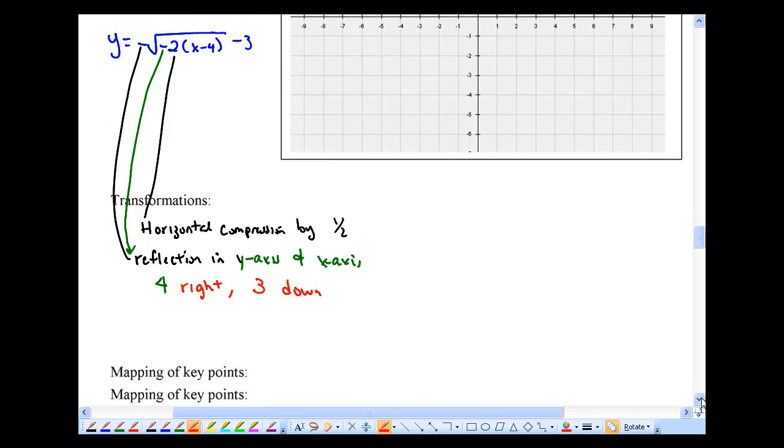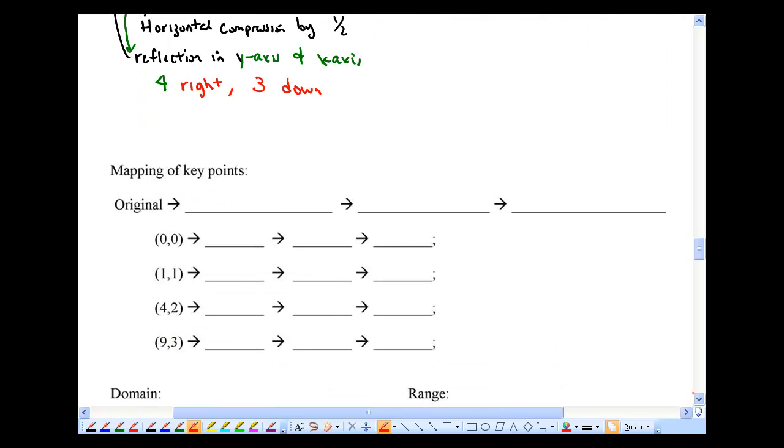Key points. Remember? Key points. By the way, we better do the expansion compressions first. So the horizontal compression by 1/2. Then I think I'll do both my reflections. And last but not least, I'll do my translations. And then I'll graph the final one, find domain and range, then you're done.